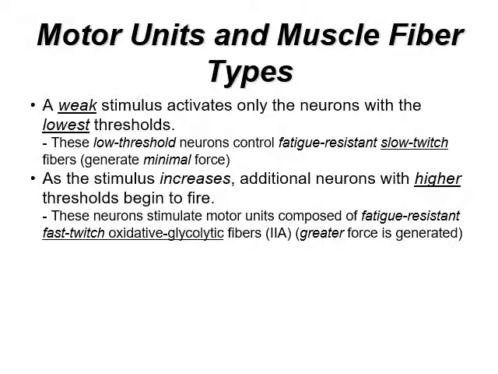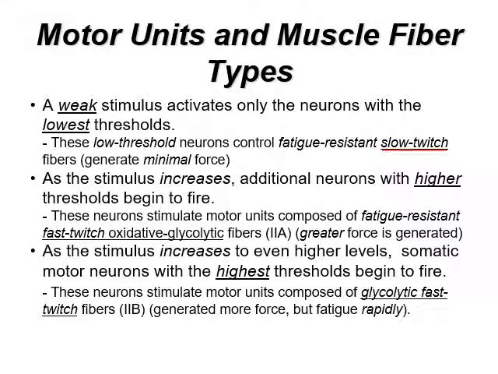Typically, we're going to talk about slow twitch and fast twitch. The low threshold motor units, the ones that fire first, would be those containing slow twitch fibers. And as I continually have to increase my strength, I will activate greater and greater numbers of motor units, even ones that have fast twitch fibers.